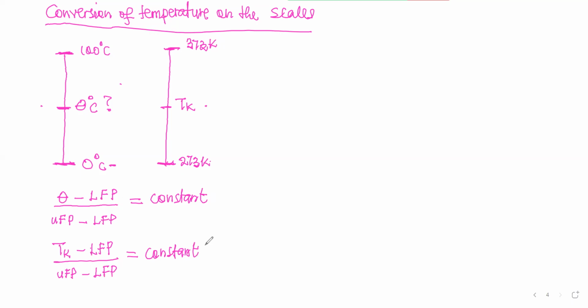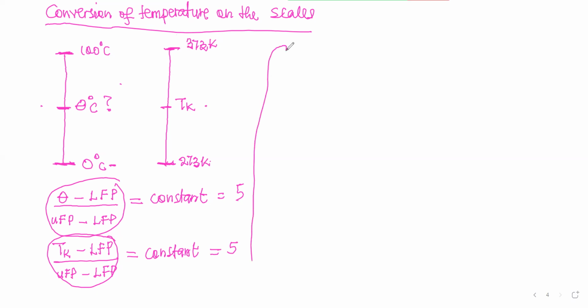So supposing I'm making a constant value of 5 here, this must also give me a constant value of 5, no matter the scale. If these ratios are all equal to a constant value, then I can equate them. Class, are you with me? Yes. Yes, please. You don't worry, I will solve real examples.